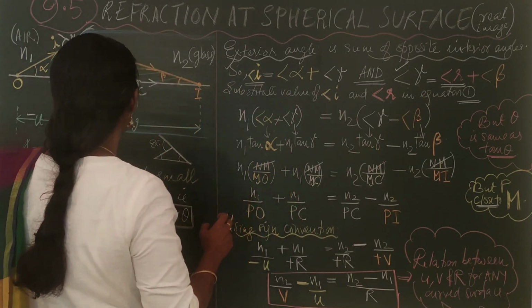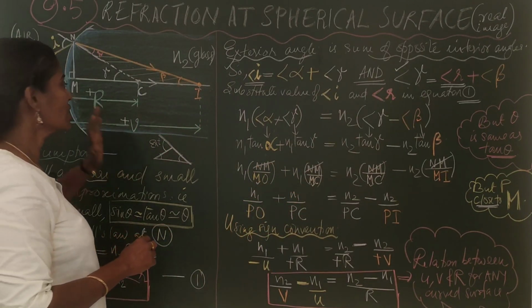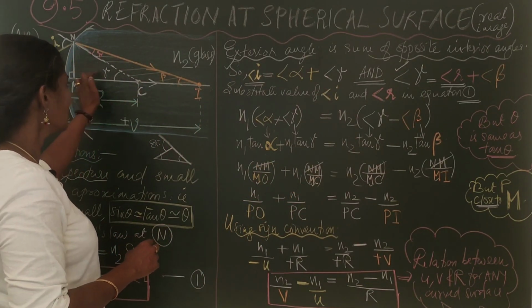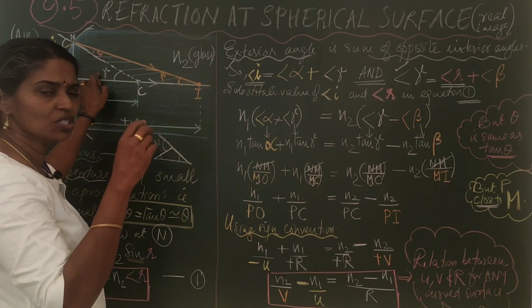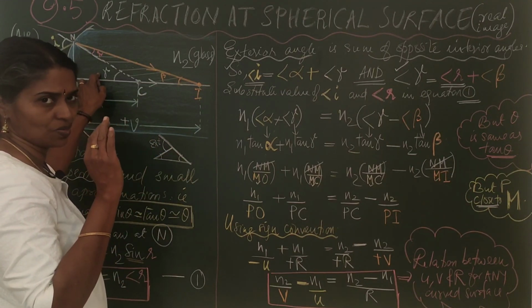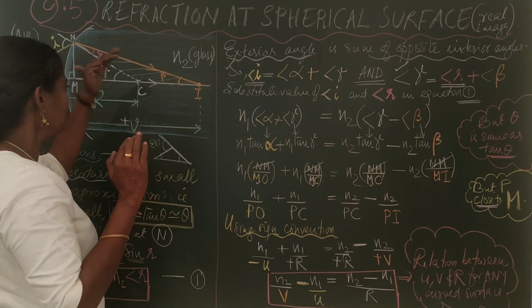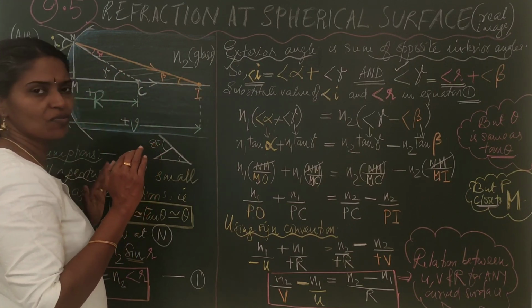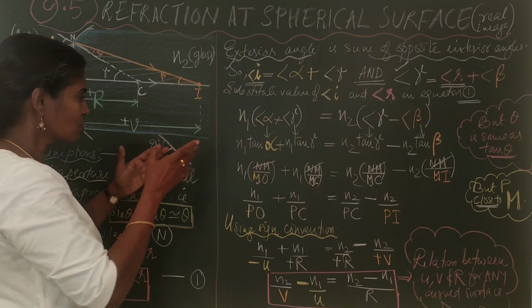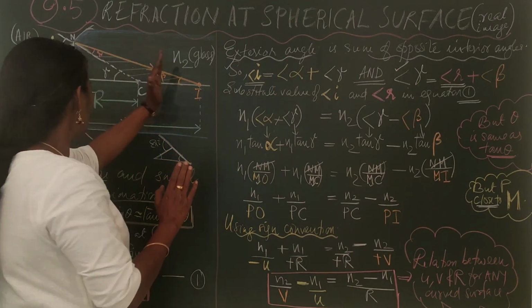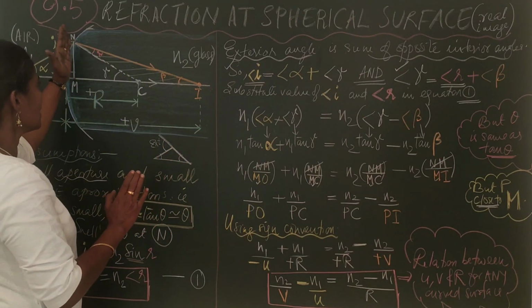And from the figure, you should always memorize three angles, alpha, beta, gamma. We will be using the same denotation for the forthcoming sessions also. So alpha for object, beta for image, gamma for center of curvature. So substitute the values. In every case, you can see the opposite side is the same.